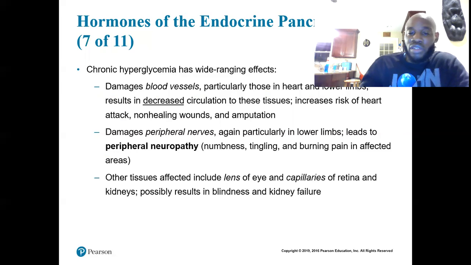Other issues of their eyes and their kidneys can happen because they have this elevated blood sugar. All right, so that can be a bad thing when your body is not able to maintain its homeostasis.